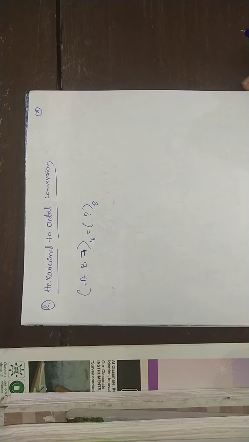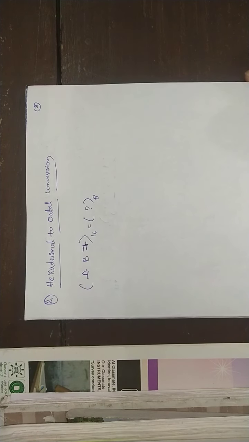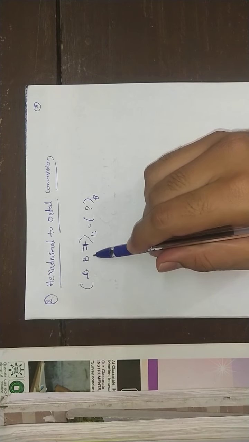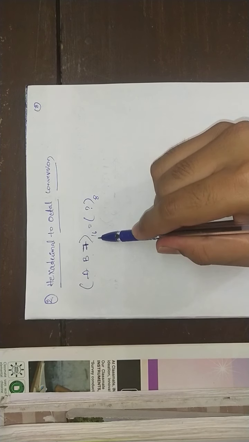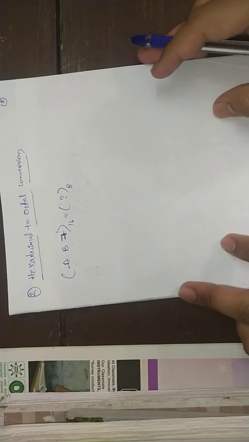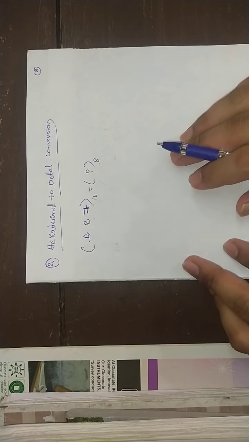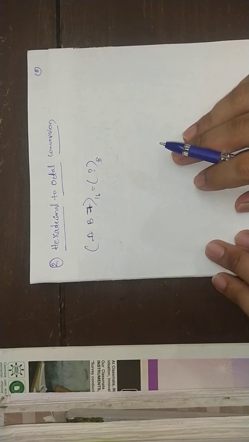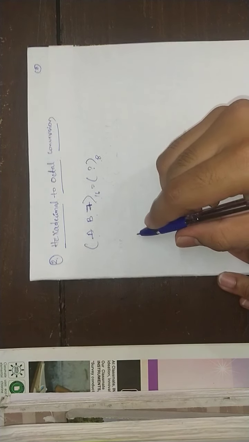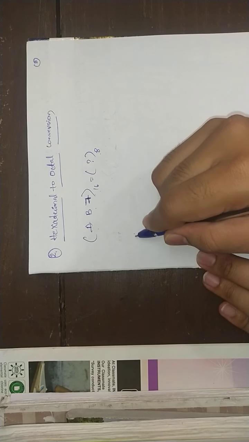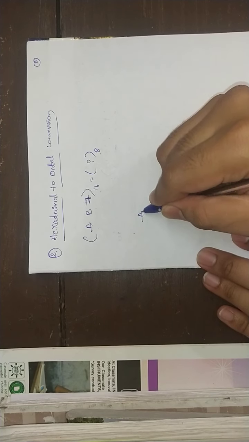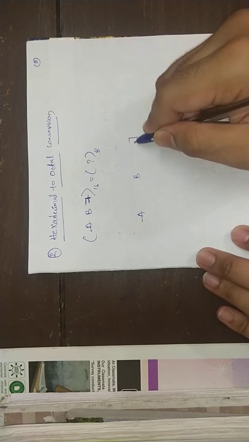Here the last and final is hexadecimal to octal conversion, and I have created the question as AB7 base 16 is how much equal to base 8. Generally, write the octal numbers from 0 to 15, then you get the correct answer. Now separate the digits A, B, 7.